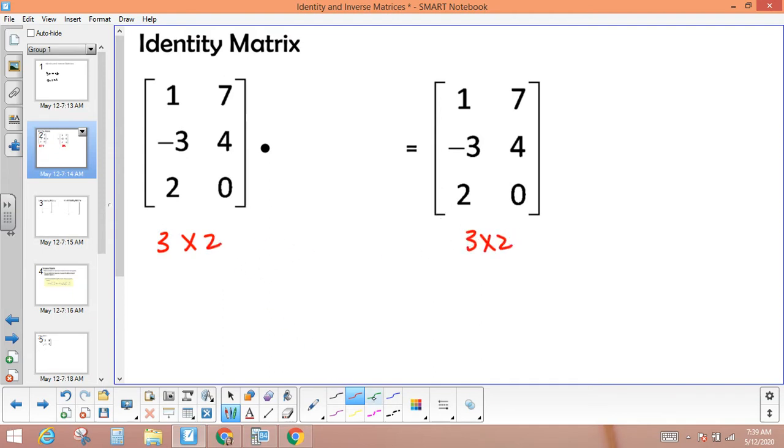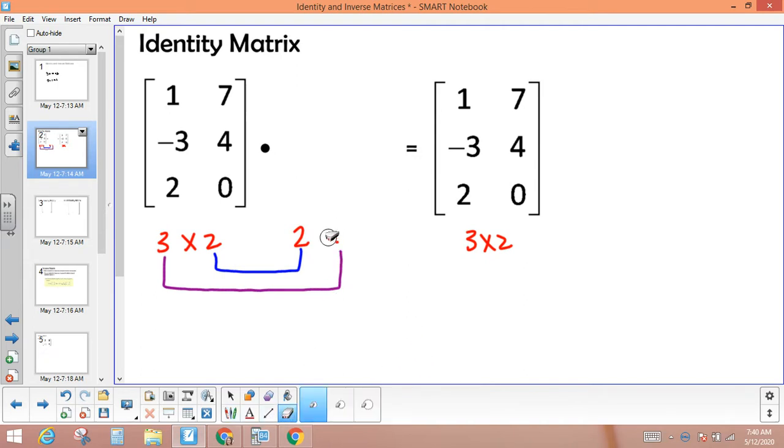The columns of the first have to match the rows of the second, so this has to be a 2 by something. And the outside numbers, the rows of the first and the columns of the second, give you the dimensions of the answer. Since I'm going to end up with a 3 by 2, I have to have a 2 here. So this matrix we're multiplying by is going to have to be a 2 by 2.